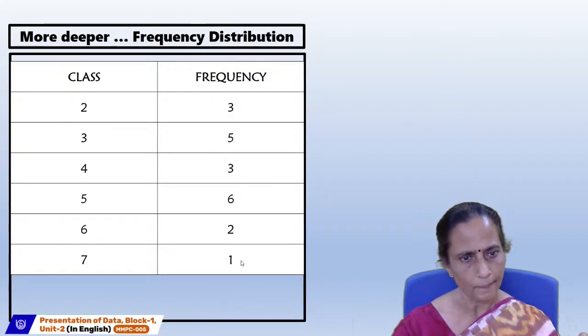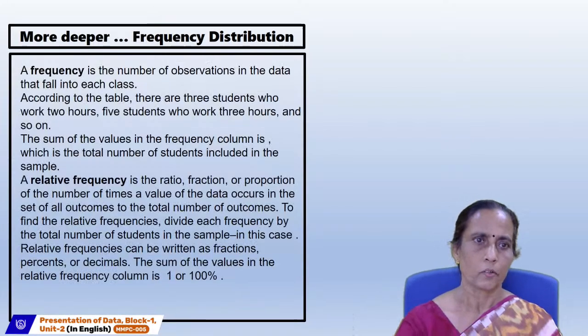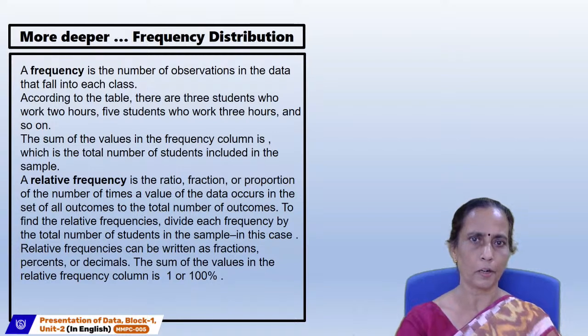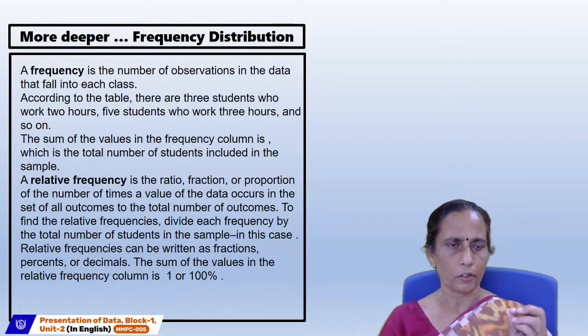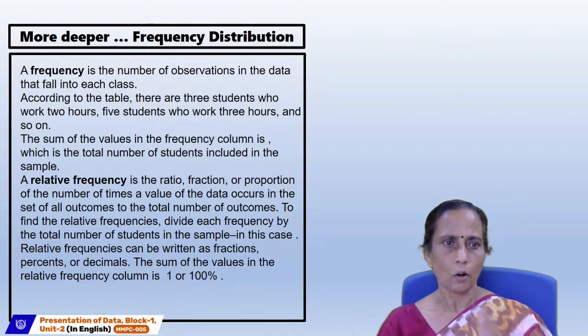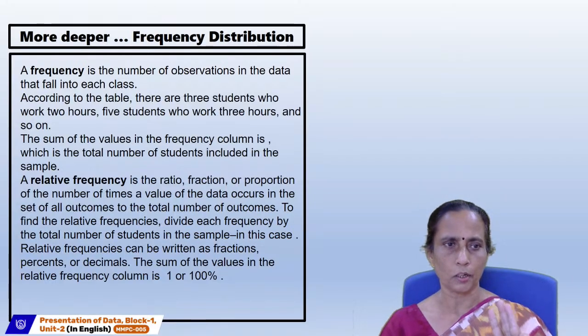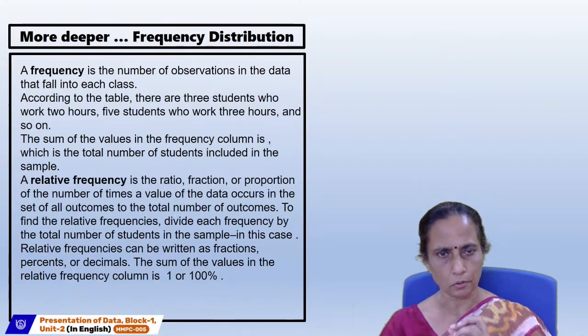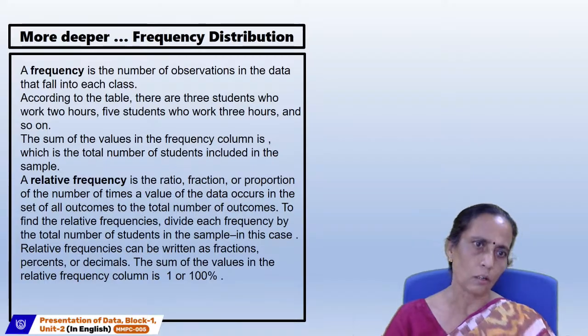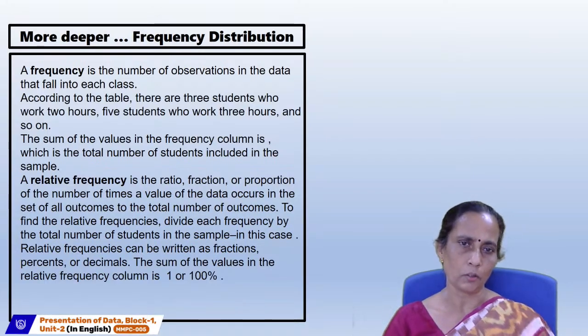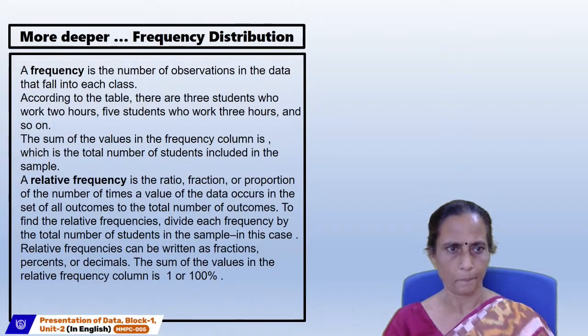So we have taken the responses of 20 students. A frequency is the number of observations in the data that fall into each class. According to the table, there are 3 students who work for 2 hours, 5 students who work for 3 hours and so on. And the sum of the values in the frequency column is the total number of students included in the sample.